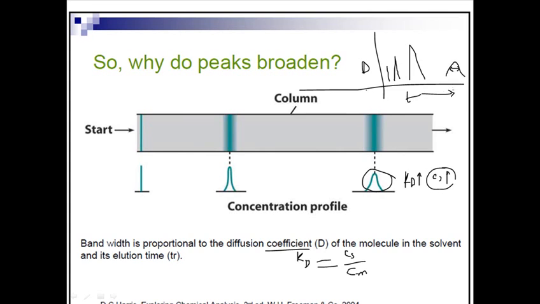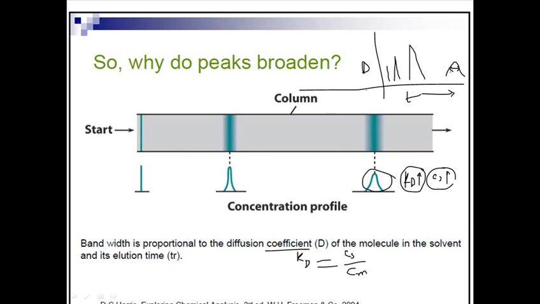That means those molecules must have a tendency to attach to the stationary phase. As a result, they elute last, and when they elute last, they have a higher KD because of the concentration at the stationary phase.